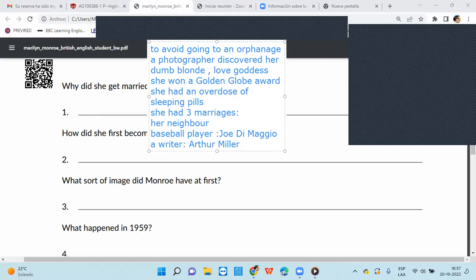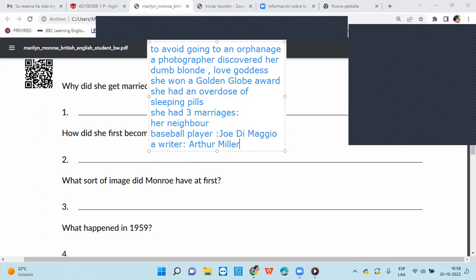Her neighbor doesn't count because it was an emergency. But do you know anything about Joe DiMaggio or Arthur Miller? Have you ever heard about them? DiMaggio, yes, because he was in the Hall of Fame of baseball.